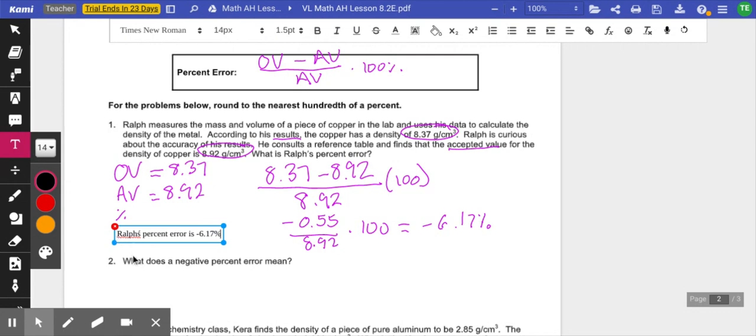Again, what does the negative mean? The negative just means that he is under the actual value. The observed value is under the accepted value.